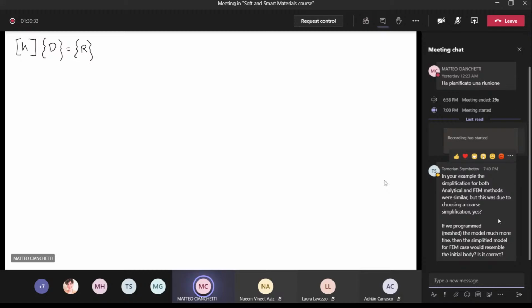So even if you use a very fine geometry and mesh, and you probably know what a mesh is, you still need to validate your model, because the representation that you use may still be far from reality because of the kind of interaction the system has with the environment in real use. Okay?